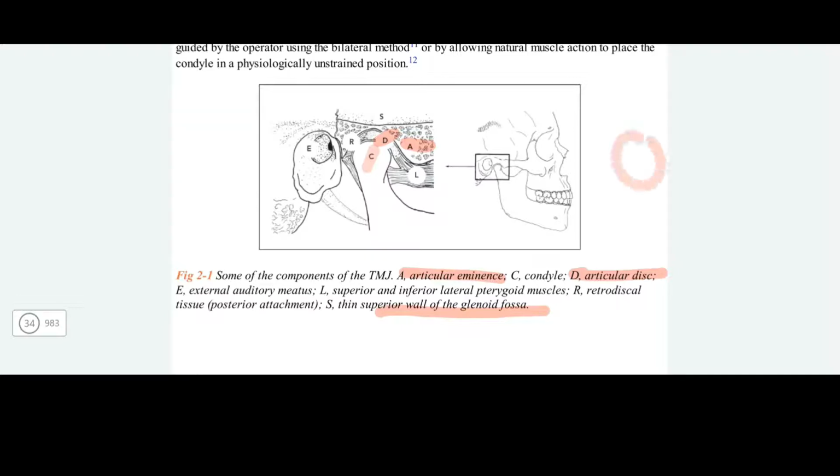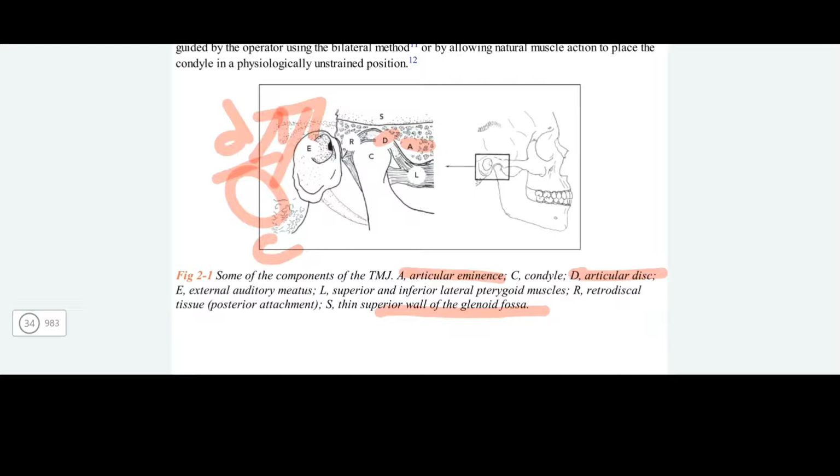For example, this is the condyle, C, and this is the articular disc, D. When the condyle moves in this direction, the articular disc should move in the same direction, related with the condyle.